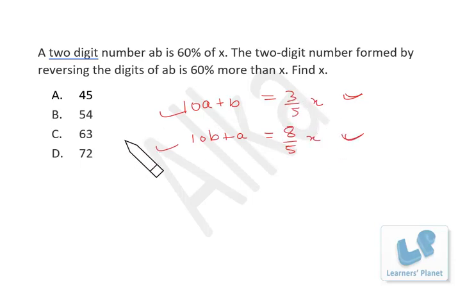Among the options the single option that is a multiple of 5 is 45, right? So no need to calculate further. Otherwise, if the options are not given, then you can just solve it. Even then, since we have 3 variables, at least some guesswork is required, right? So by hit and trial, you can get the correct answer.